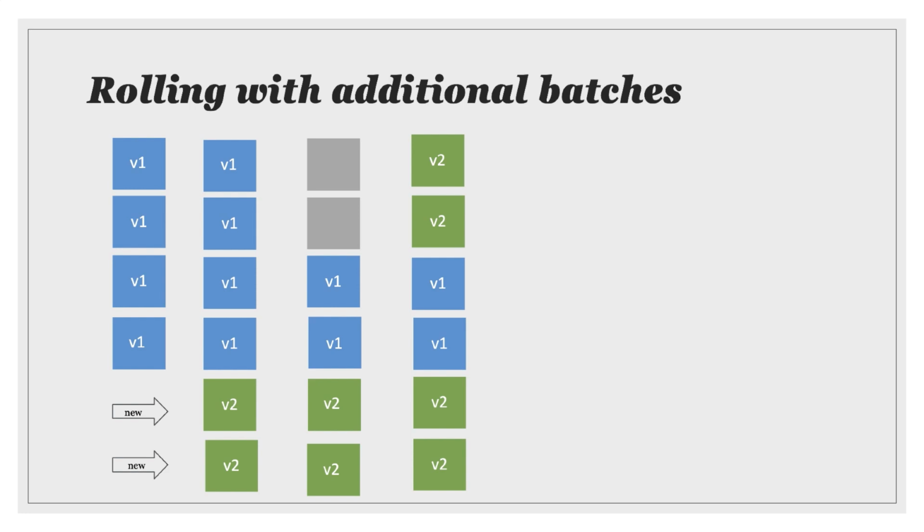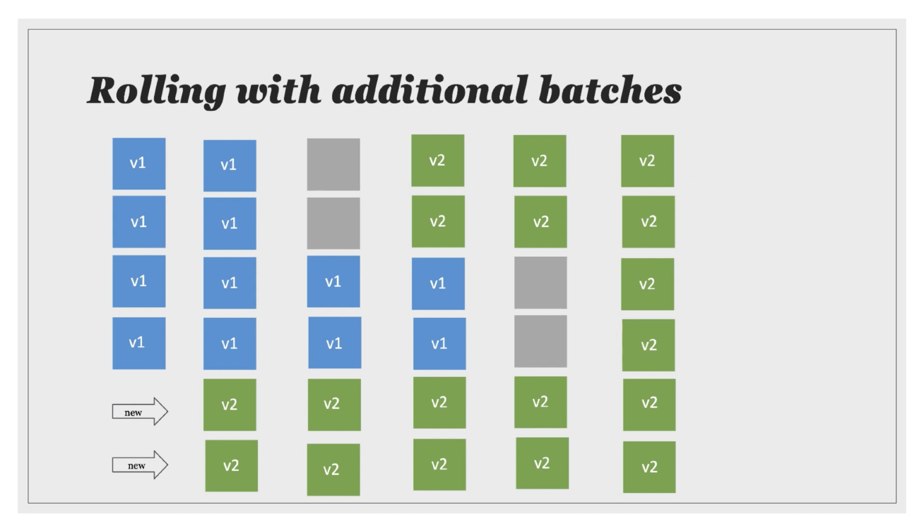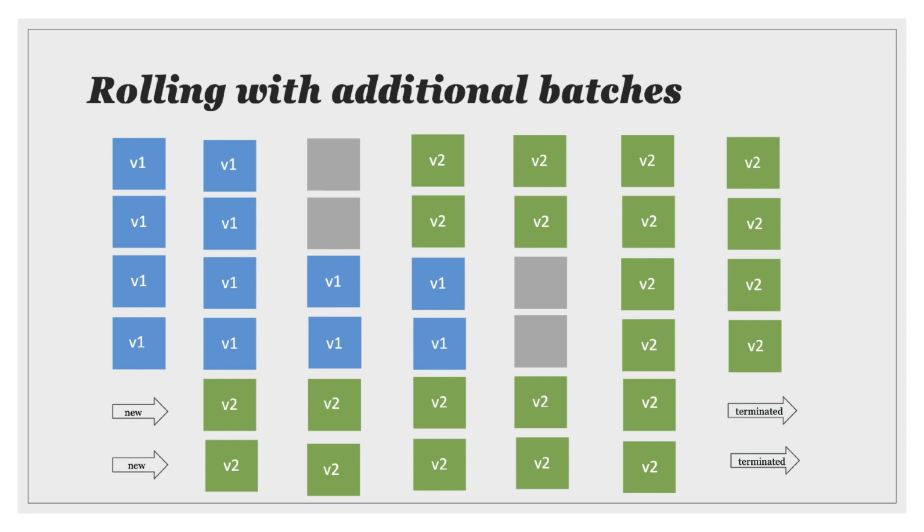Then we take another batch, which means the 3rd and 4th instances, and take them out of service. We upgrade the 3rd and 4th instances with the latest version, which is version 2. Now we have 6 instances with the same version 2 running on them. We have 2 extra instances, so in the next stage, we will terminate these 2 instances because we don't need them anymore.